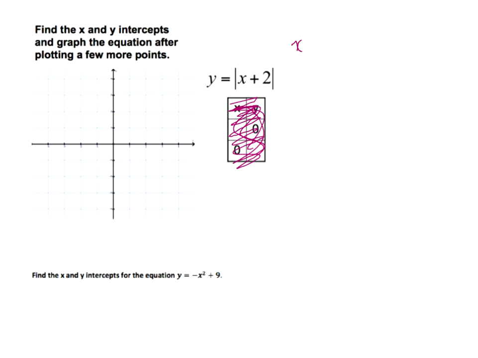So, to find my x-intercept, I'm going to plug in 0 for y. 0 equals the absolute value of x plus 2. 0 equals, okay, I don't really want to go into the ins and outs of solving absolute value equations right now.